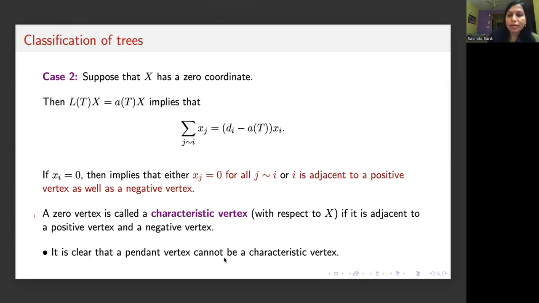So it is clear that a pendant vertex cannot be a characteristic vertex, because a pendant vertex is adjacent to only one vertex. It may be positive, negative, or 0, but we define a characteristic vertex as a 0 vertex which is adjacent to a positive vertex and also adjacent to a negative vertex.